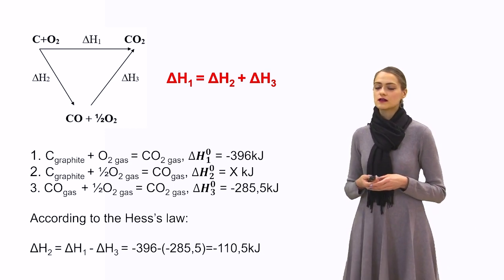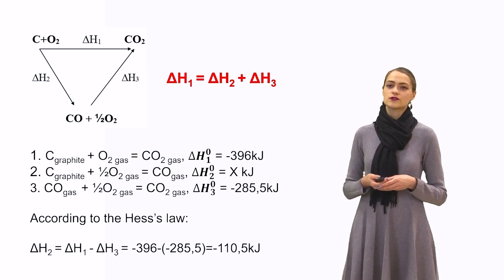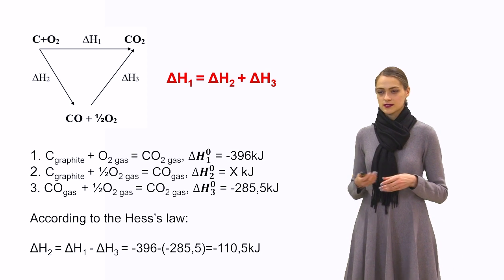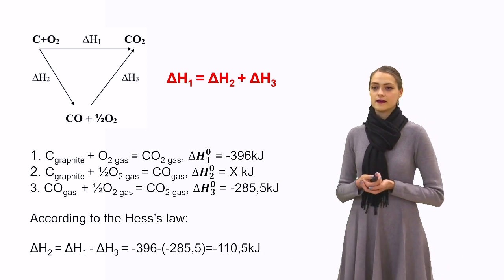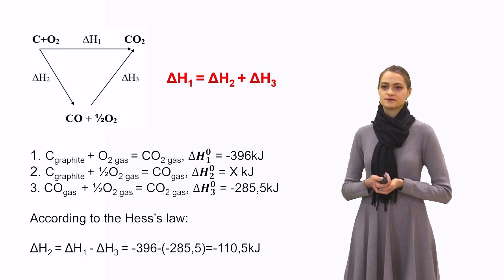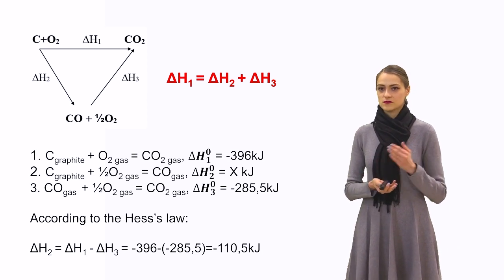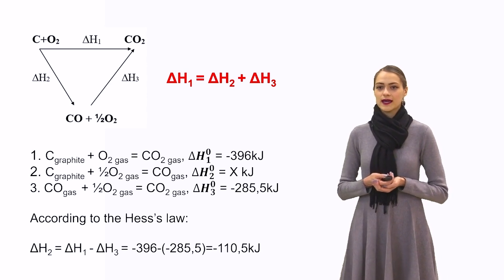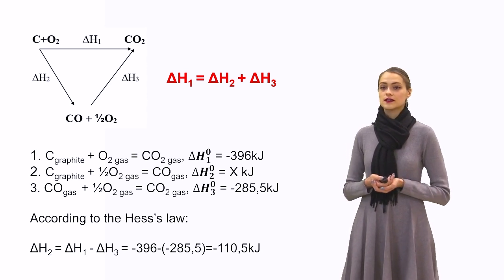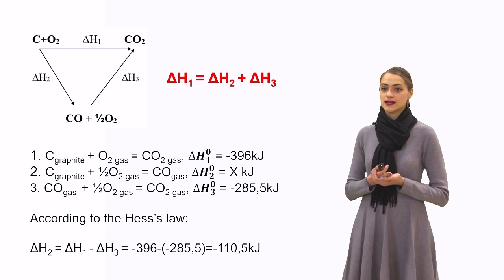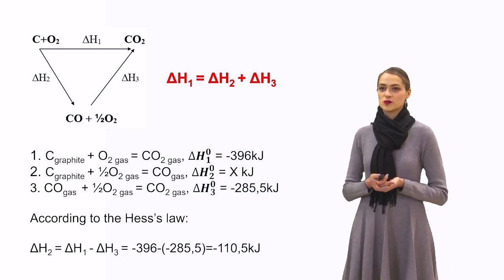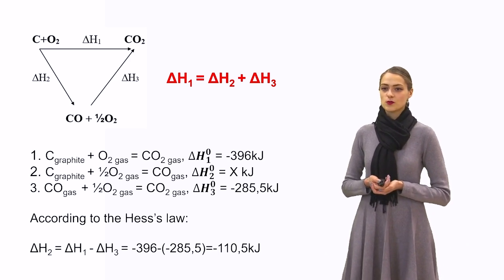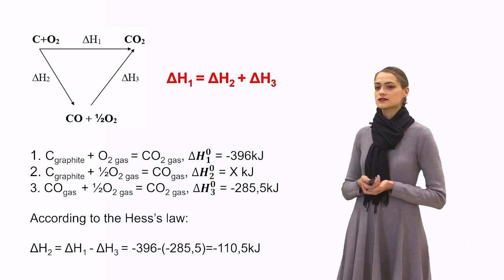So you can see here in this slide, 3 thermochemical equations with heat effect. And from these equations, if we sum second and third equation, it gives us the first one. And in this situation, heat effect of second step, delta H2, is a difference between heat effect of first step, delta H1, and delta H3.